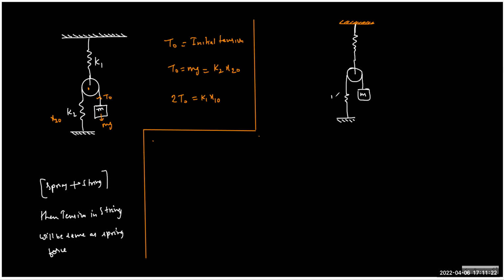After this step, because we have two springs, first of all let's assume that the block is pulled down by x. When you pull the block down by x, what do you expect? K2 will further elongate by some new value x2. I'm assuming x2 is the extra elongation, and let's call x1 the elongation in the upper spring.